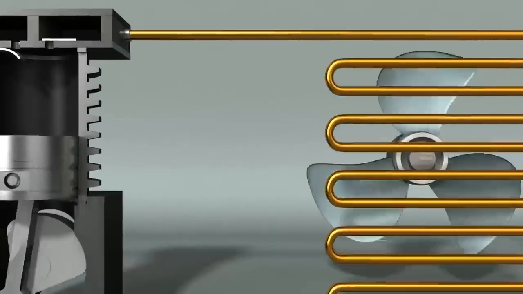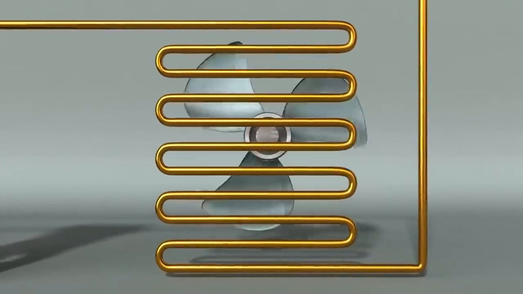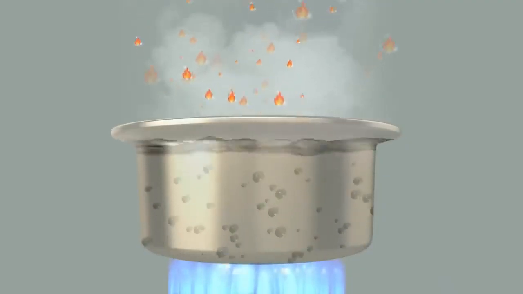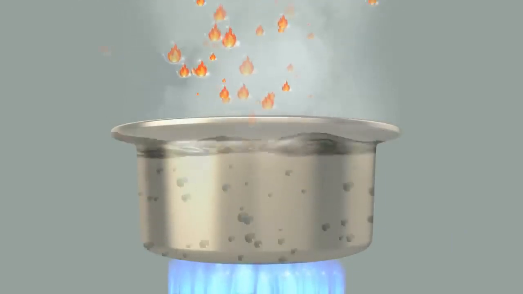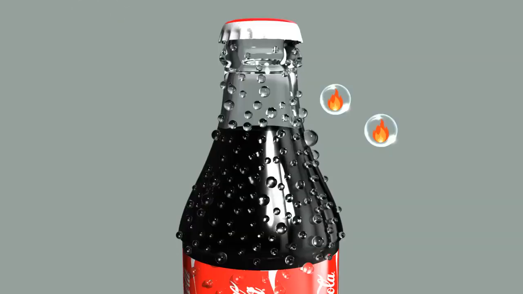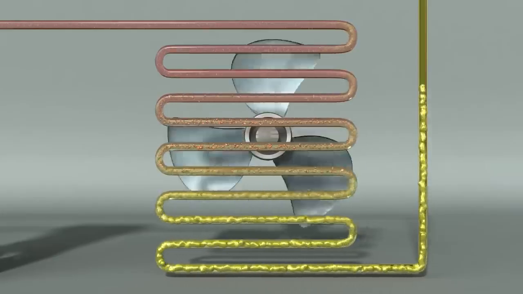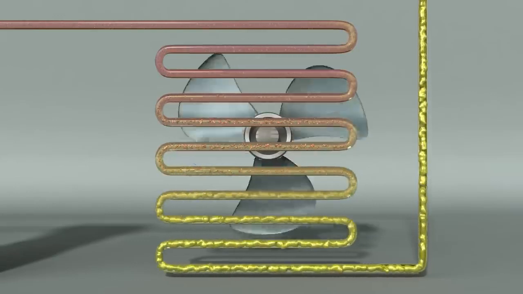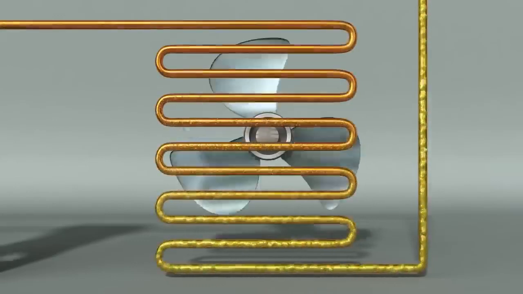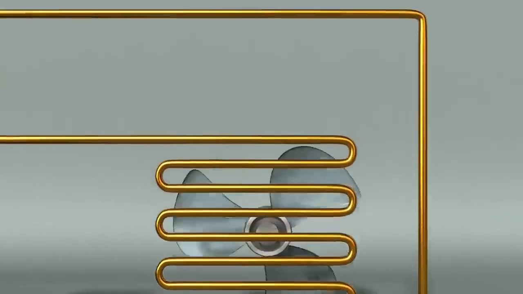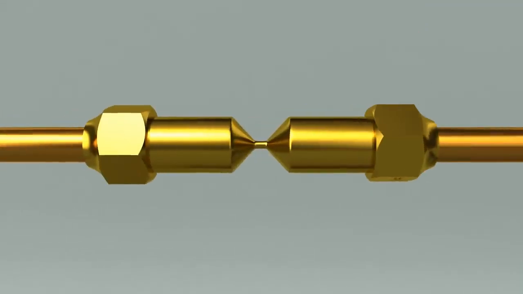Then, the refrigerant pressed by the compressor flows to a condenser. While evaporation is the transition of liquid to gas through heat absorption, condensation is the transition of gas to liquid when it loses heat. A condenser serves to turn refrigerant in hot gas state into liquid form by taking away its heat. The refrigerant passed through a condenser becomes liquid and flows into the expansion valve.